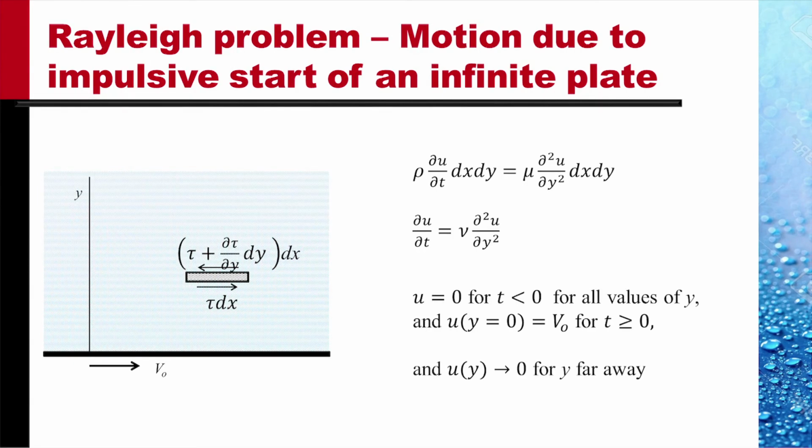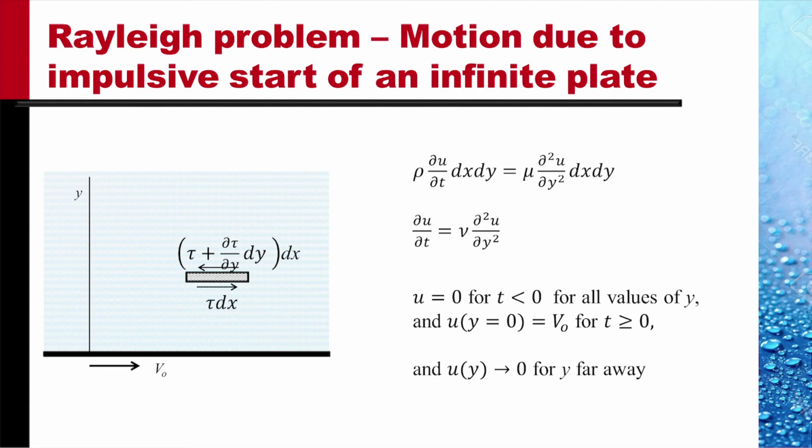Let's look at the boundary conditions and the initial conditions for this flow. We need initial conditions as well because it's an unsteady flow. u is equal to 0 for all times less than 0 and for all values of y. Everywhere the fluid was at rest till time t is equal to 0. At time t greater than 0, the velocity at the lower plate is v naught.